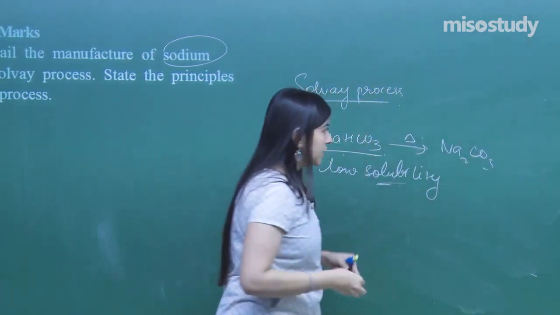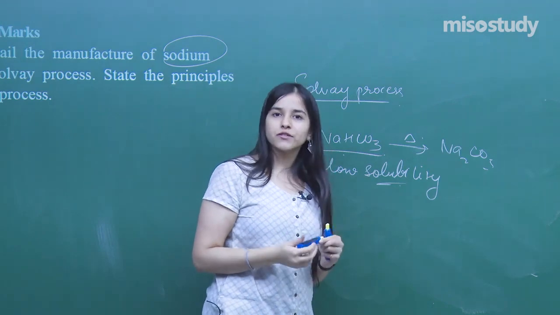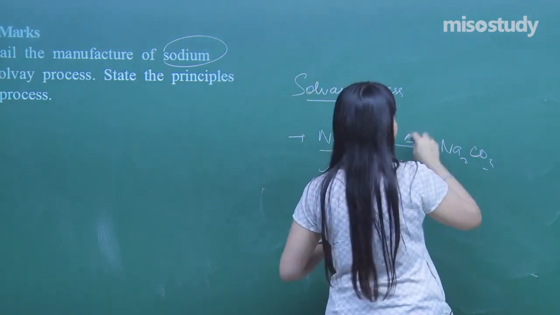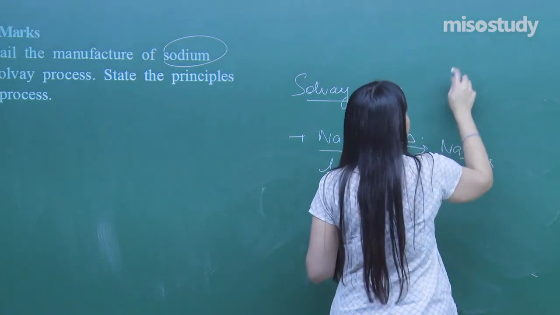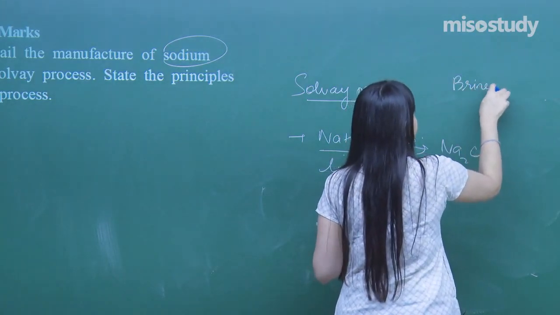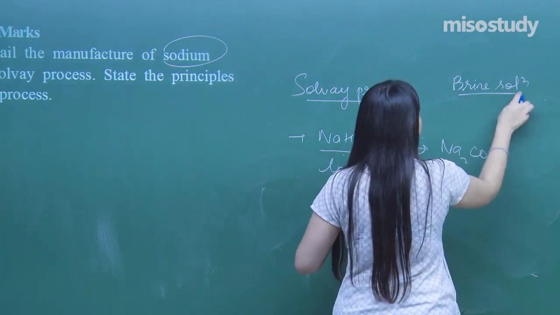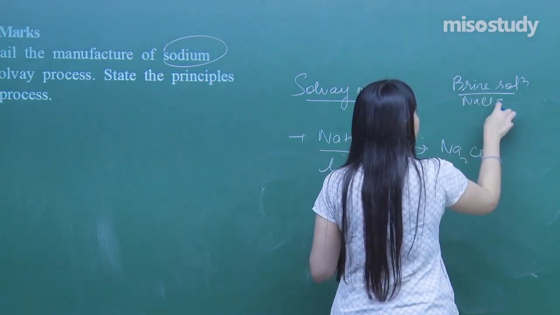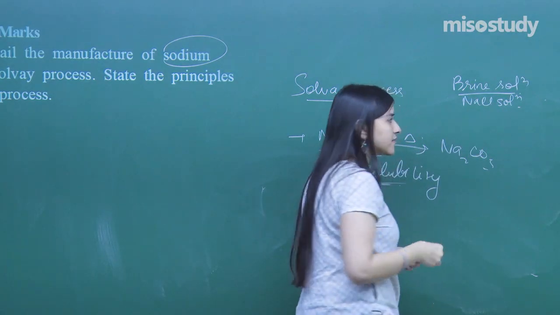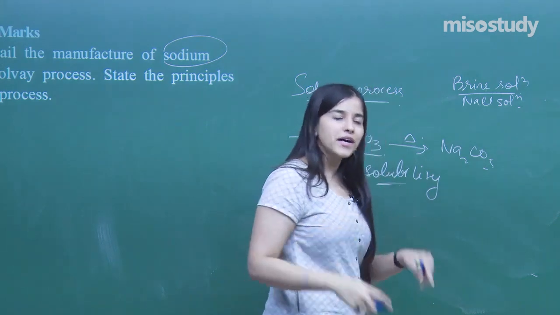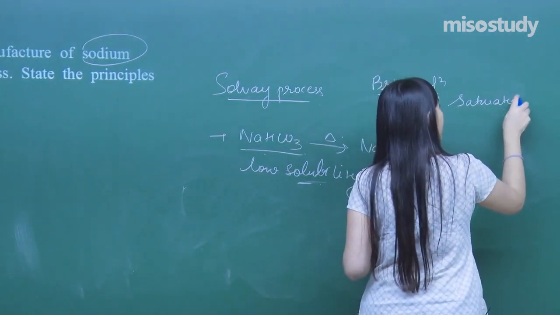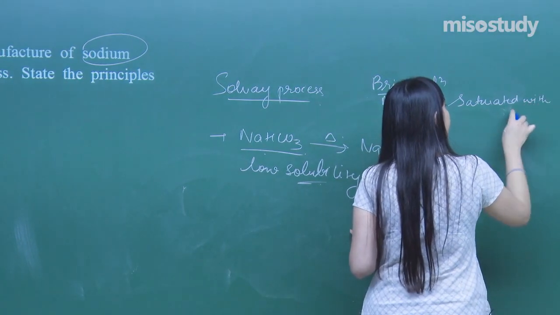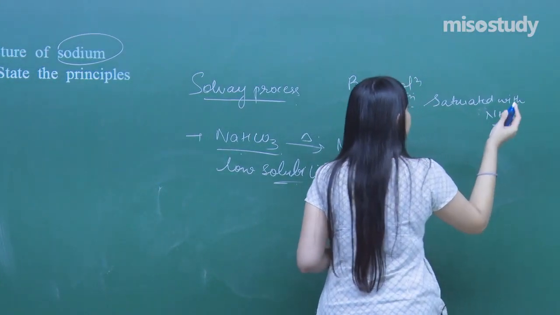So what do we take in the Solvay process? Brine solution. What is this brine solution? I am adding NaCl solution saturated with ammonia, saturated with NH3, right?